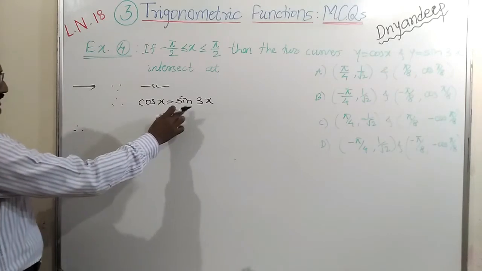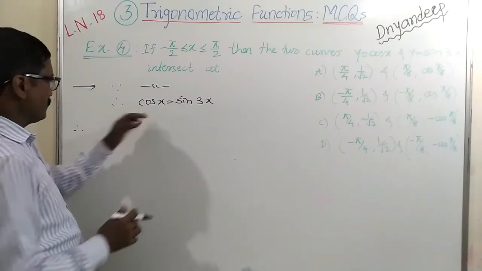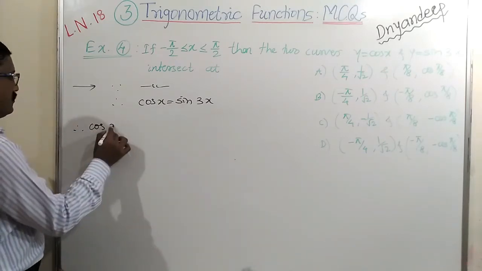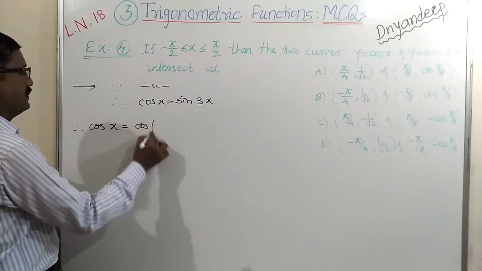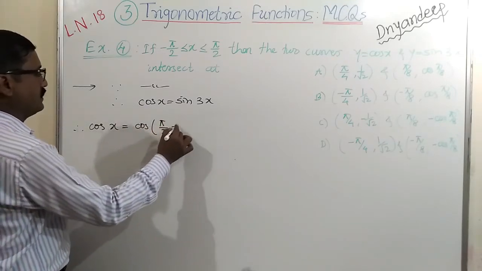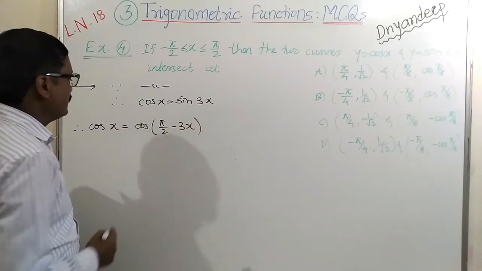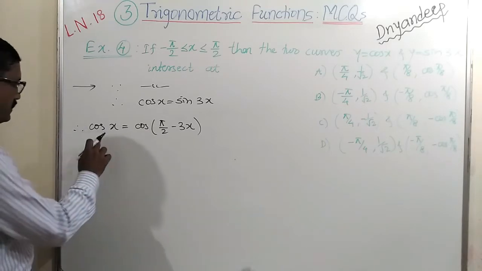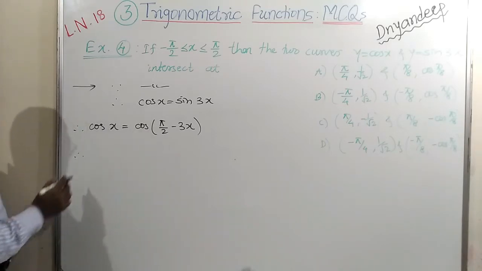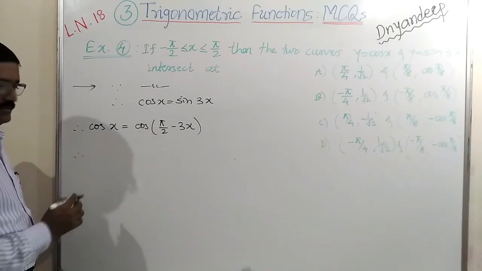Therefore this sin 3x can be written in terms of cos. Therefore we get cos x equal to cos of pi by 2 minus 3x. So we get now these two trigonometric functions in terms of cos only. Therefore now cos x is equal to cos alpha.